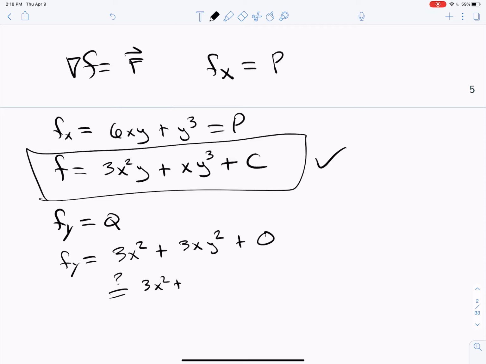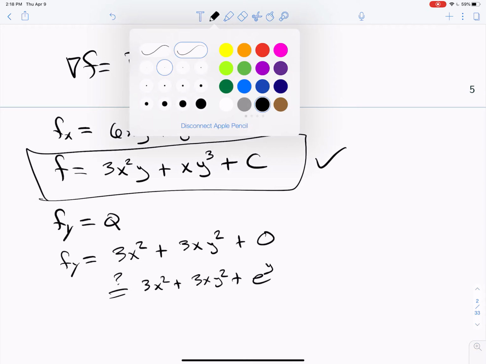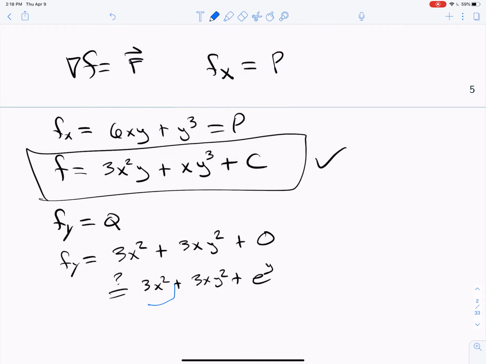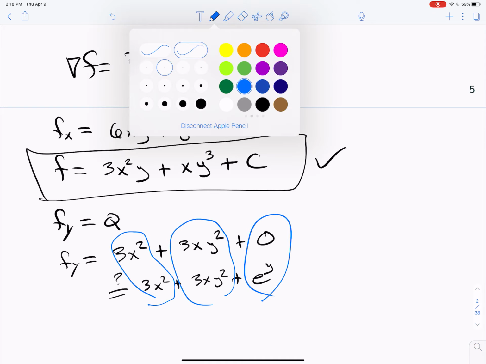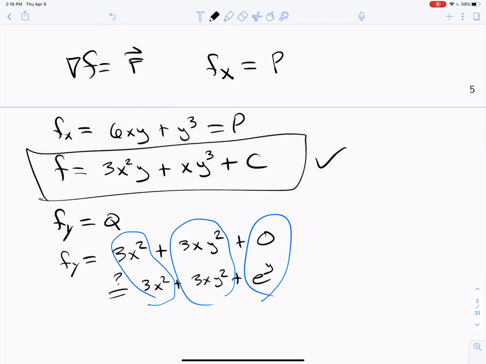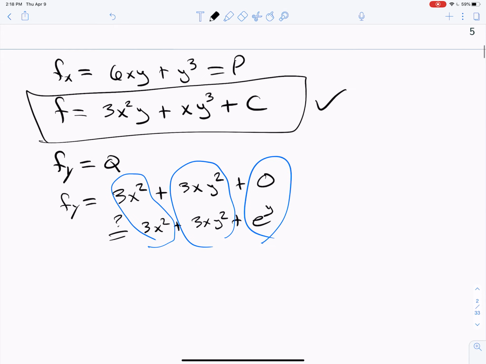So it almost matches up, except we've got trouble, and the trouble is with this constant. It turns out that constant isn't necessarily a constant. It could be a function of y. It's constant with respect to x.